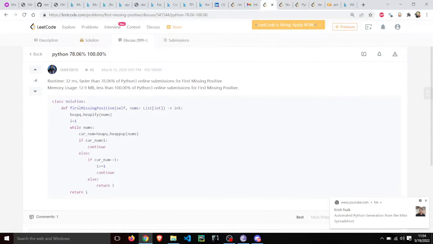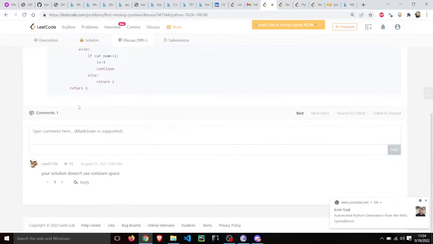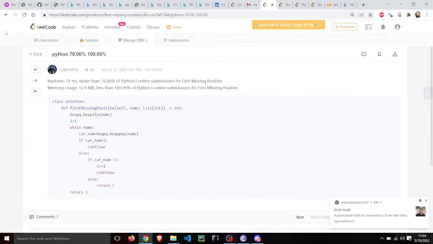See, if we use heaps, then we're gonna use space, right? If we're gonna use a heap, we're gonna use space. Yeah, that's what it is. This solution is not constant space.